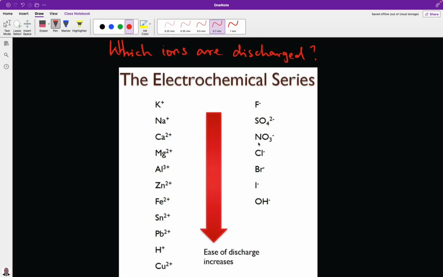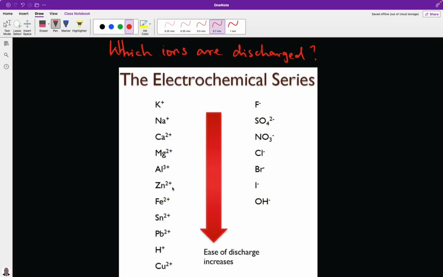As you go down, the ability to accept electrons decreases, with fluorine having the highest ability to accept electrons. So this chart gives a simple way to easily choose which of the ions is easily discharged.